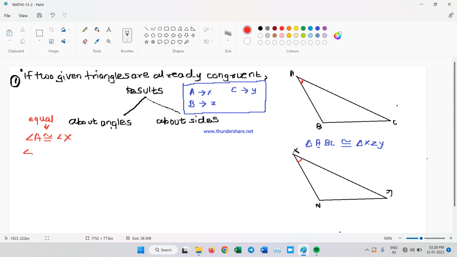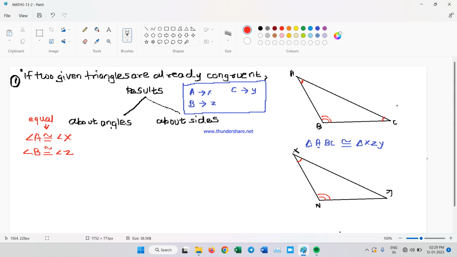Then there is a second correspondence, angle B and angle Z. Okay, this type of mark I will give. So angle B corresponds to angle Z. जितना भी angle B का डिग्री रहेगा उतना ही डिग्री angle Z का रहेगा. ठीक है.